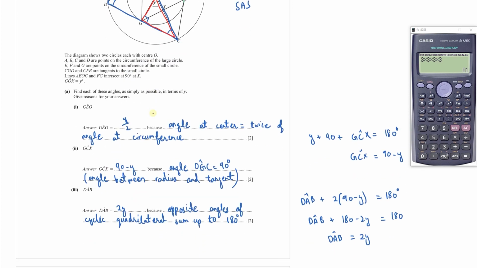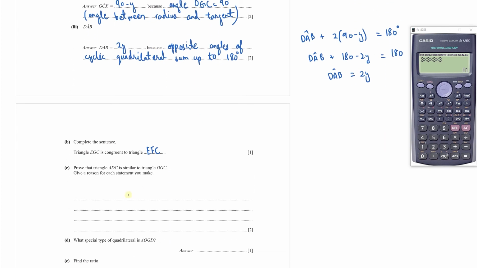So you can use the property that if two angles are equal, then the two triangles are similar.